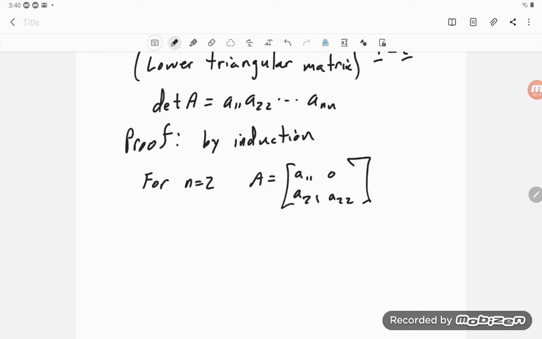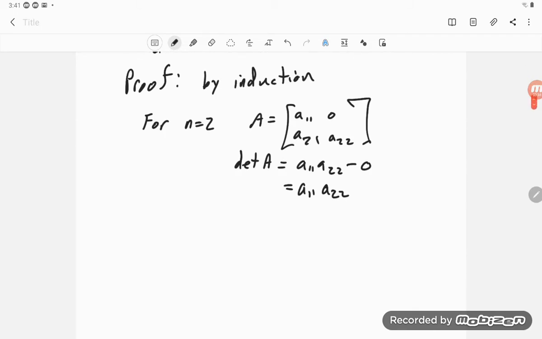So it looks like that, and certainly if I take that determinant, the determinant of A is A11 A22 minus 0. So it is indeed the product of the diagonal.